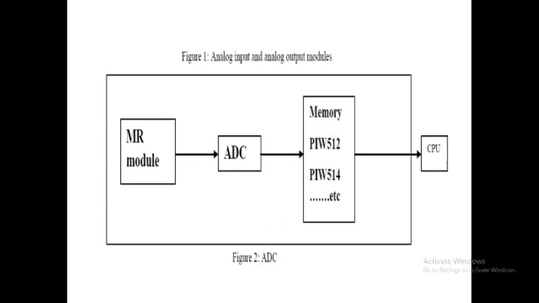The second way to scale down the analog input value is done using the scale function, and in this program, in the left panel, expand the library, then the standard library, that is TI S7, and the converting blocks section, that is FC105, which we use to scale the analog input.